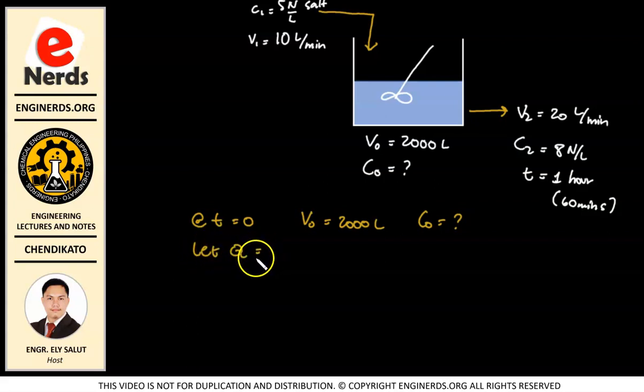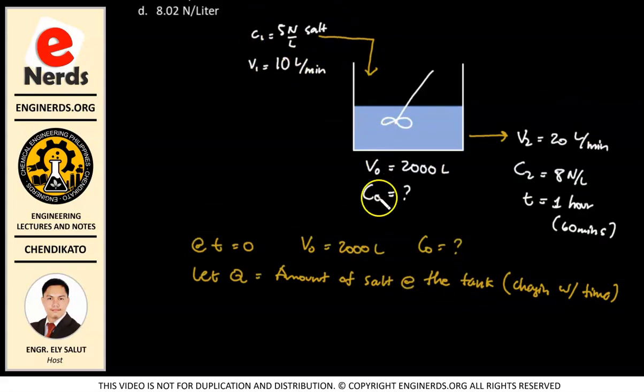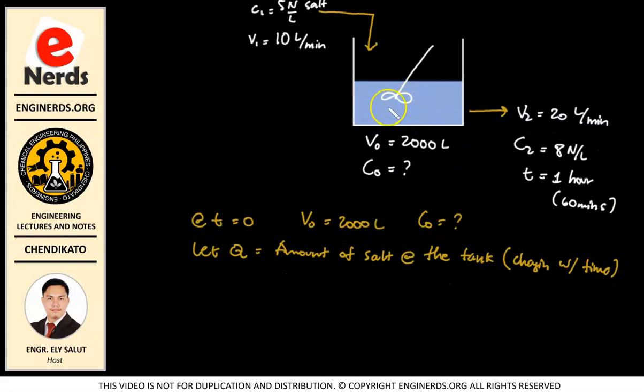as the amount of salt in the tank, which is changing with time. Because there is solution entering and leaving our tank, the amount of salt in our tank changes with time, right?